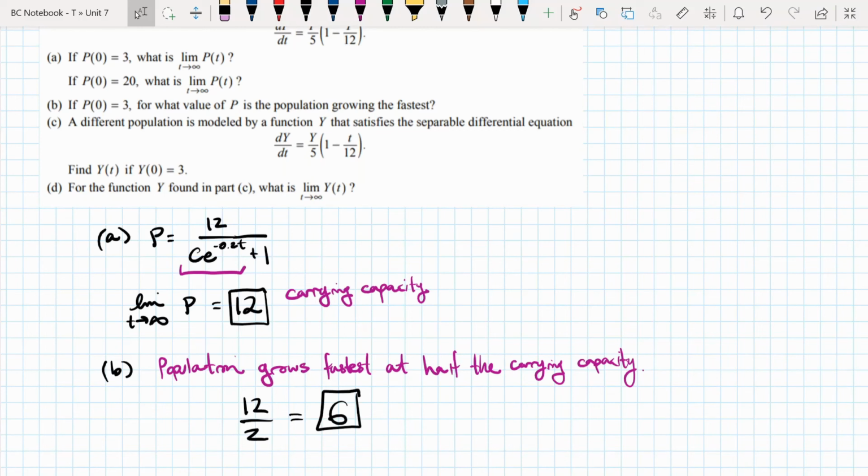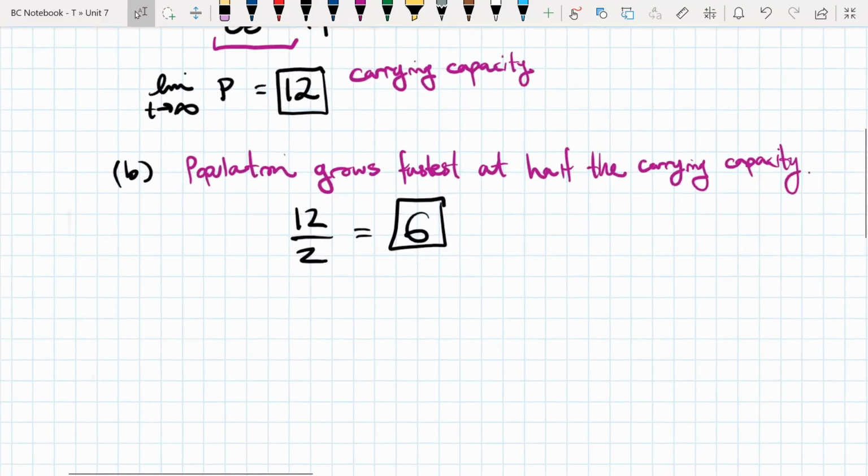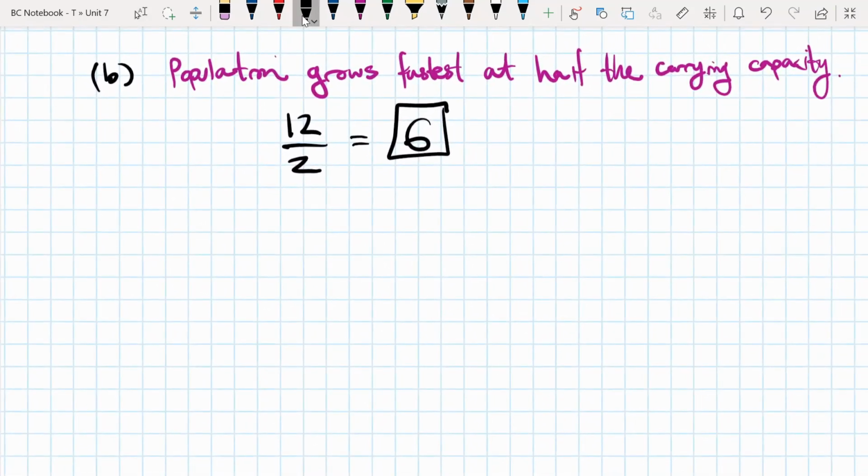This question right here, letter C, is a separable differential equation, which we're going to use to solve for y. We're going to wrap up the video by going through this separable differential equation. And I would encourage you, before we go through this, to stop the video and try to do this on your own.